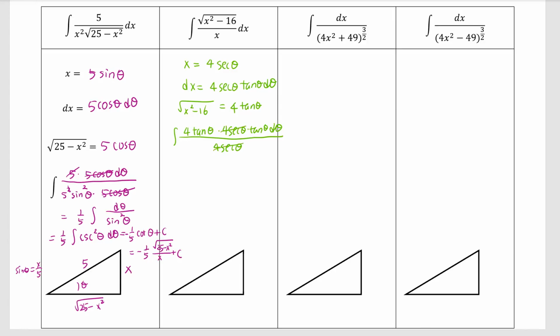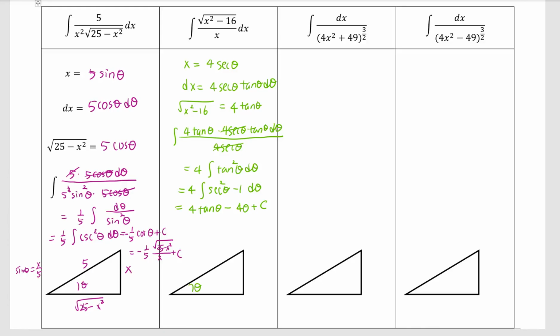The 4 secant theta cancel. Oh, we have 4 integral of tangent squared. How do you solve tangent squared? Well, we don't have a formula for that, but we have a formula for secant squared, and it's related to tangent squared. Tangent squared is secant squared minus 1. So the integral of secant squared is tangent. The integral of 1 is theta. And what is that?